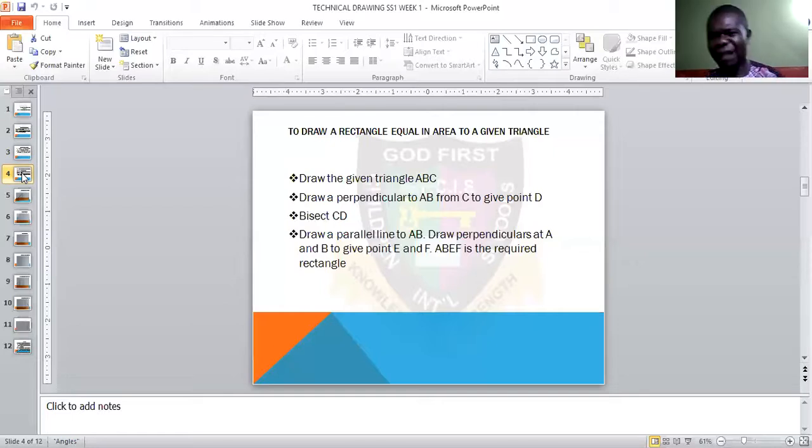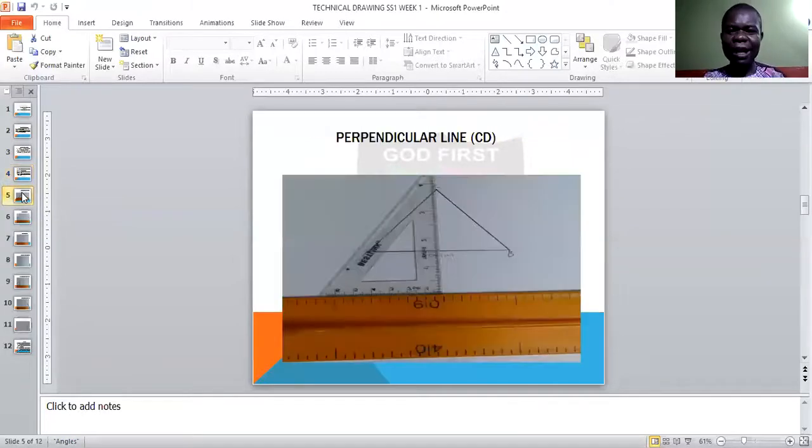Let us quickly look at some of these things I'm discussing, so that it won't look as if I'm just talking. This is a triangle that is being bisected. This is point A at the base of the triangle. This is point B at the base of the triangle.